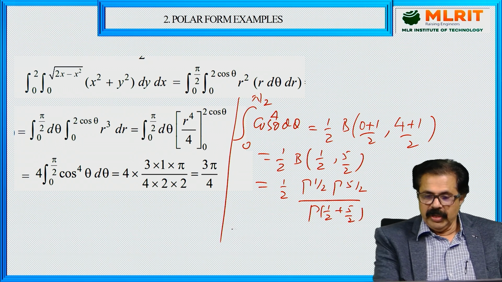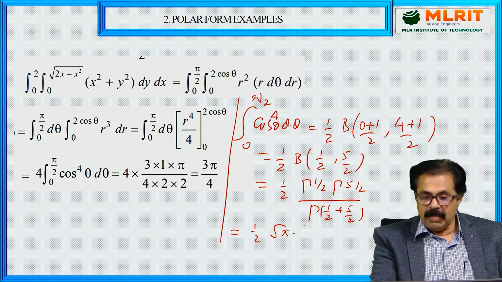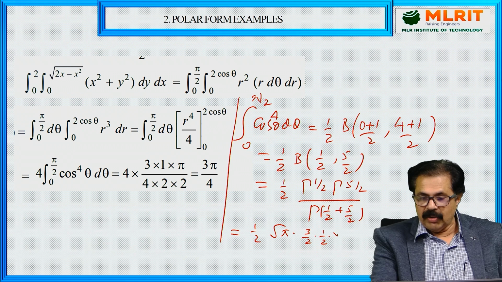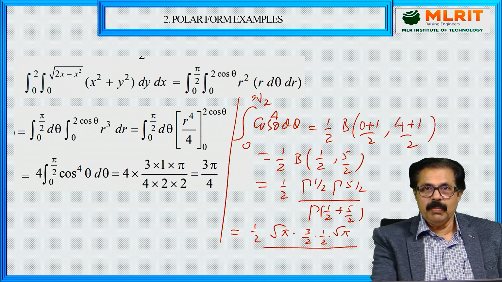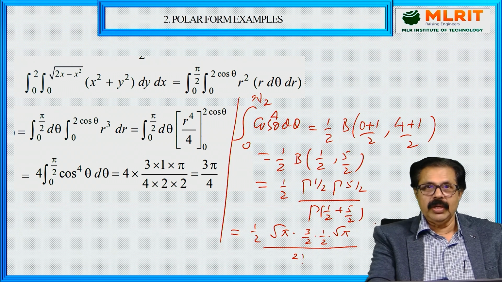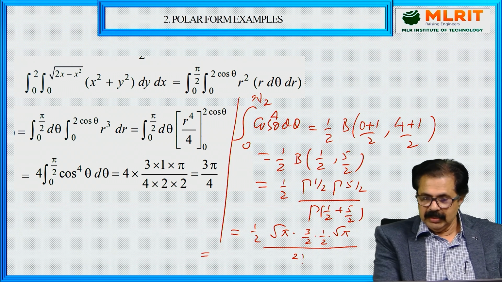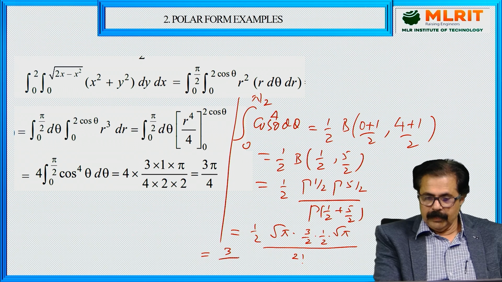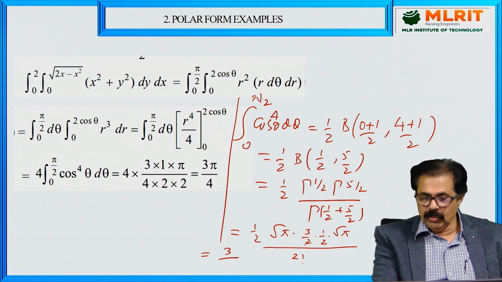Now you know very well gamma half is root pi, and gamma 5 by 2 by the reduction formula is 3 by 2 into 1 by 2 into gamma half, root pi. And 5 plus 1 is 6 by 2, gamma 3 is 2 factorial. If you simplify the whole thing, this is a 3 and this is 2, 4, 8, 16 into pi.